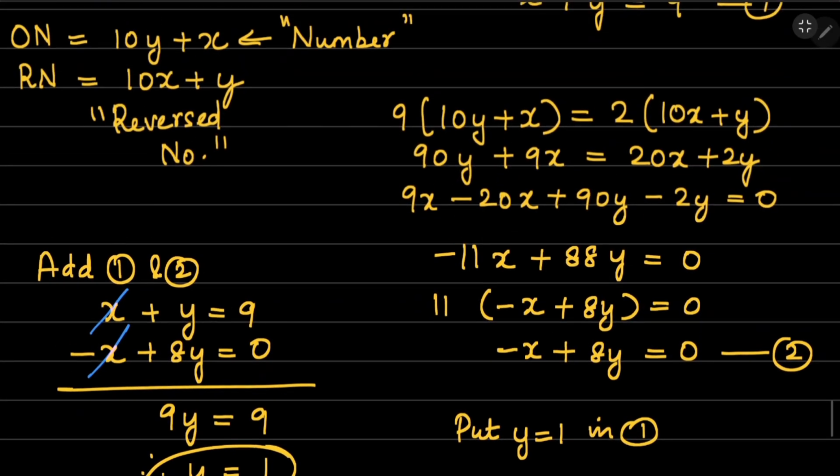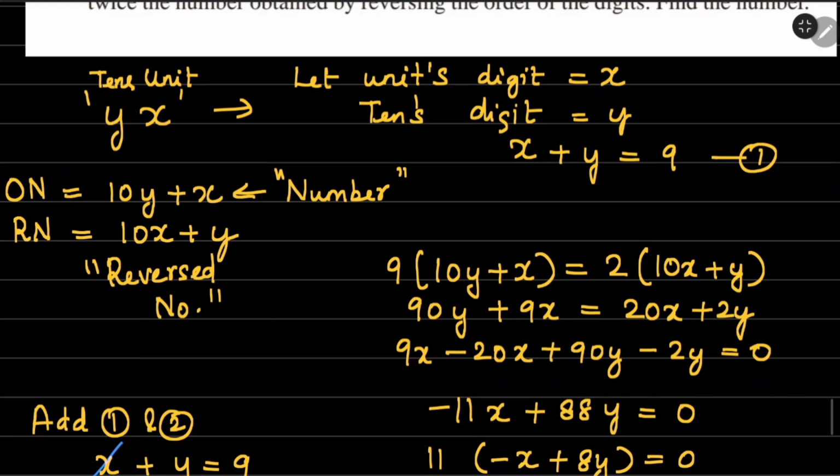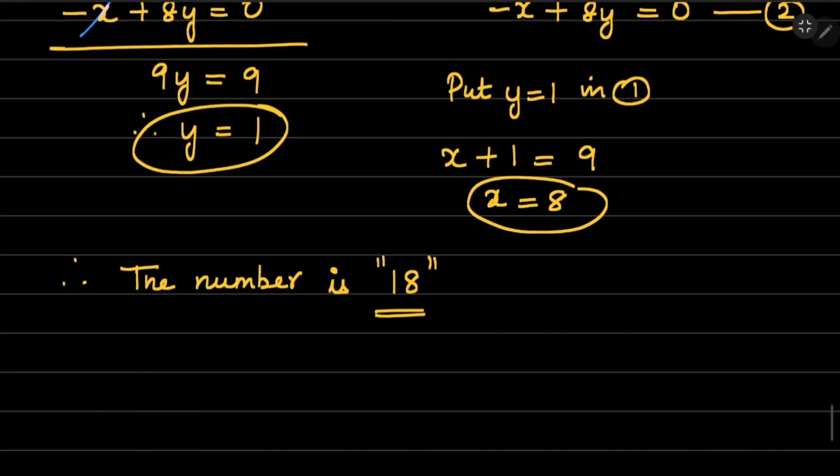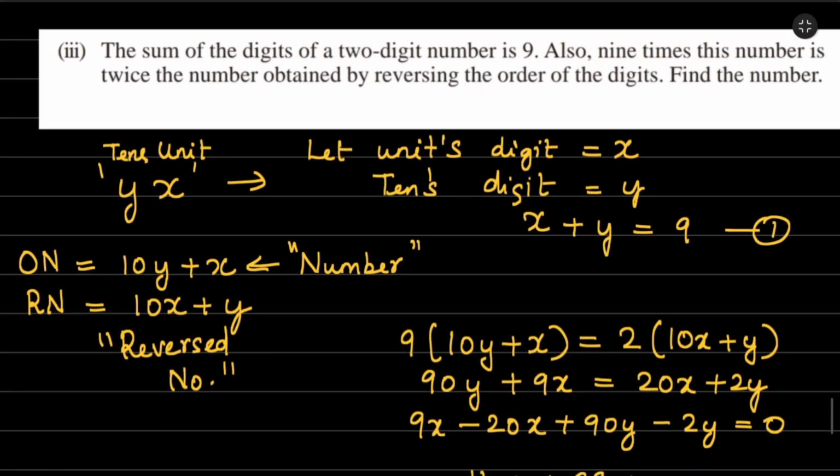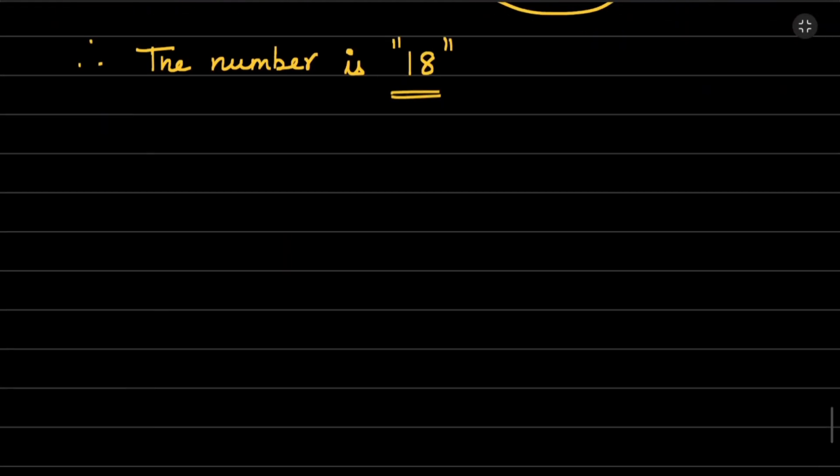If you had taken the other way around, that is, if the units digit was y and the tens digit was x, in that case, the number that you'll be getting will be 81. You can try it yourself and see. Both the cases, the answer is correct. Okay, so let's move on to the next question.